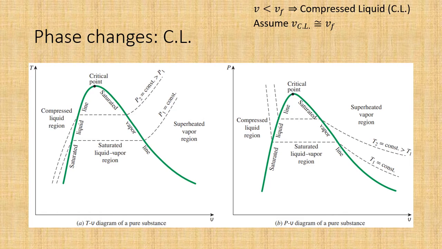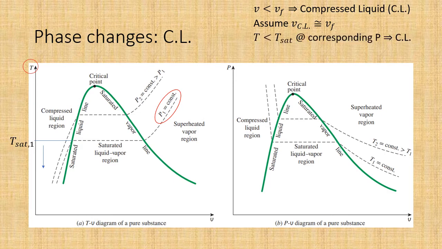Now let's consider a constant pressure P1. When the temperature T is less than the saturation temperature Tsat corresponding to P1, we have a compressed liquid.